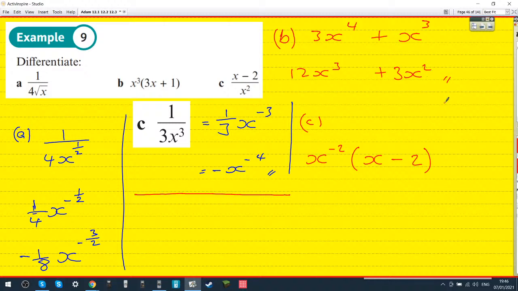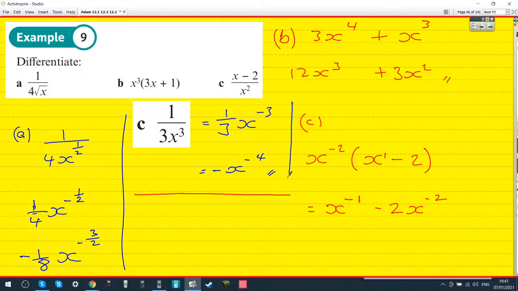So when x to the minus 2 multiplies by x, does that give you just x? So at the moment, does it add 1 to it? Yeah. So it'd become minus 1 to the minus 1. Yeah. And then it'll be minus 2x to the minus 2. Yeah. And then you can differentiate. Mm-hmm.